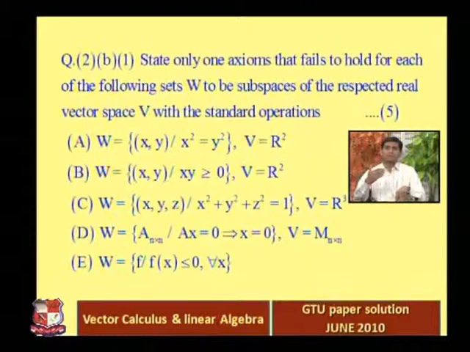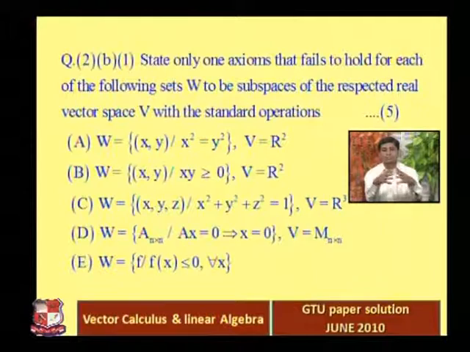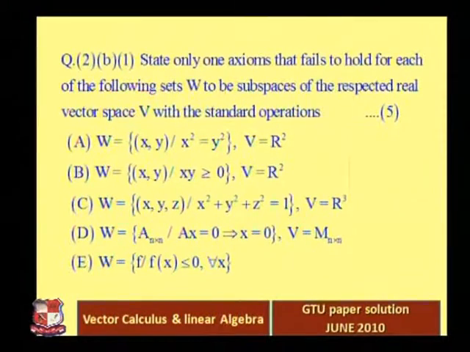So just try to find a counterexample. That means take 2 particular elements U and V, and try to prove that the addition of those 2 elements is not in the set, or try to prove that alpha times U does not belong to the set.